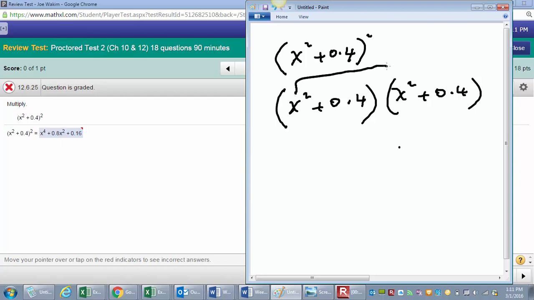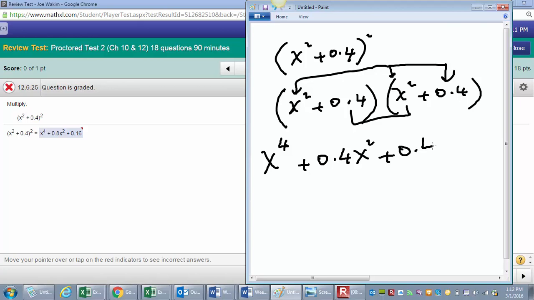So what is x squared times x squared? You add the exponents, x^4. What is x squared times 0.4? It would be 0.4x squared. Then you have 0.4 times x squared, another 0.4x squared, and finally 0.4 times 0.4, so it's 0.16. Because 4 times 4 is 16, and we have two decimals, so it would be 0.16.